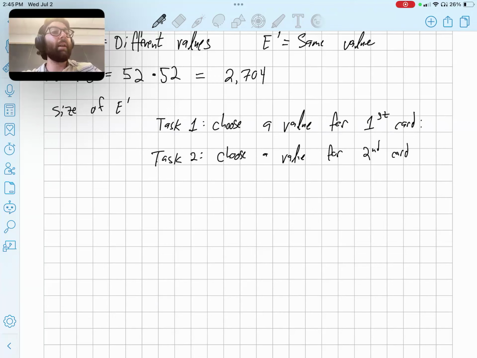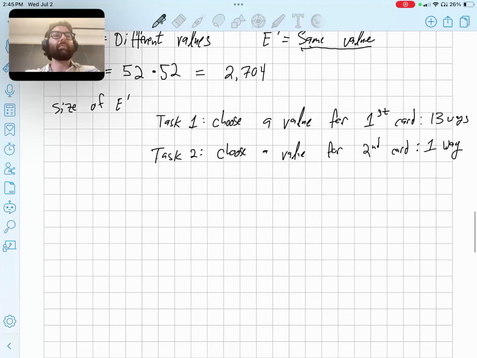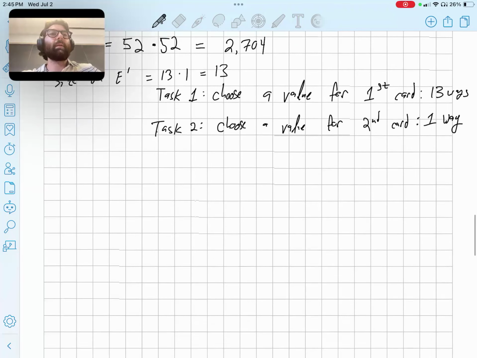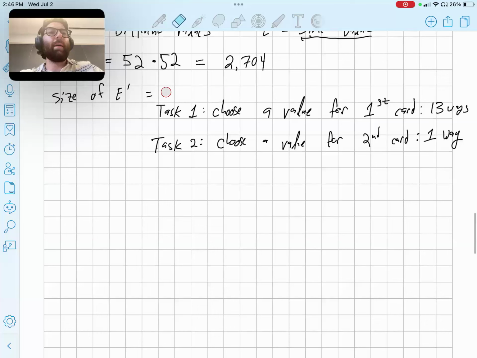And these are independent. So when I choose a value for the first card, that's 13 ways. And they're equally likely, 13 equally likely ways. Then once I've chosen that first value, I only have one way to do it. And so the size of E prime is equal to 13 times 1, which equals 13. Oh, sorry, that's not true. My bad.